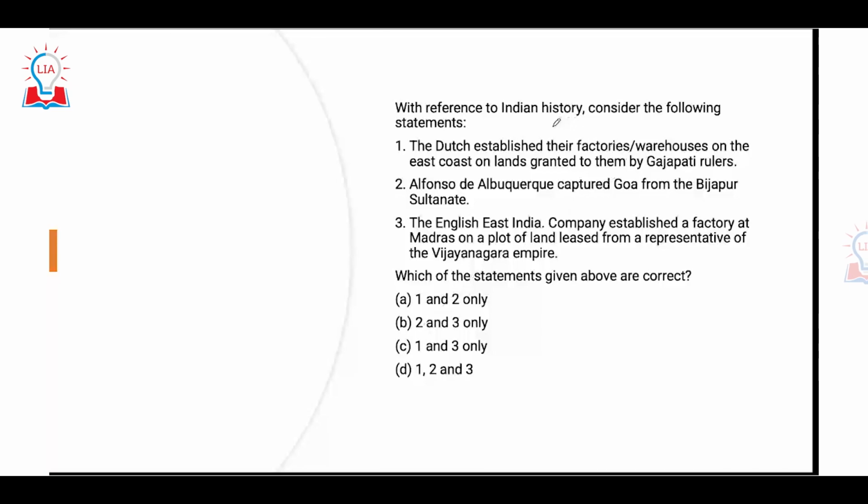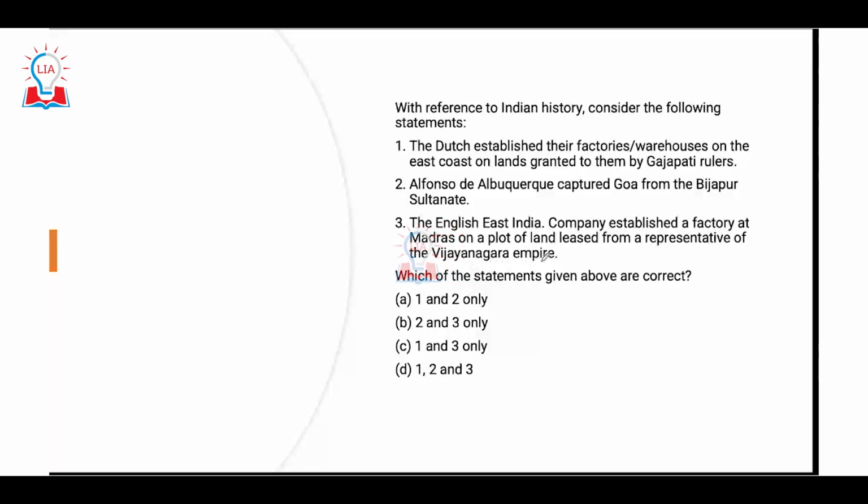With reference to Indian history, consider the statements. Okay, the Dutch established their factories or warehouses on the east coast of the lands granted to them by the Gajapati rulers. Alfonso de Albuquerque captured Goa from the Bijapur Sultanate. The English East India Company established a factory at Madras on a plot of land leased from the representative of the Vijayanagar Empire.